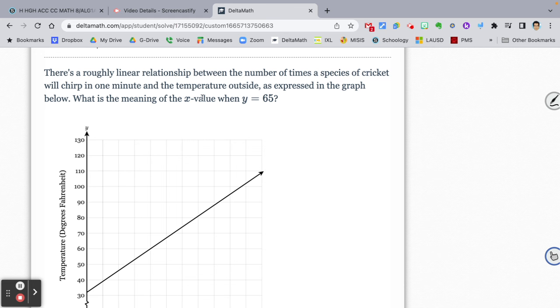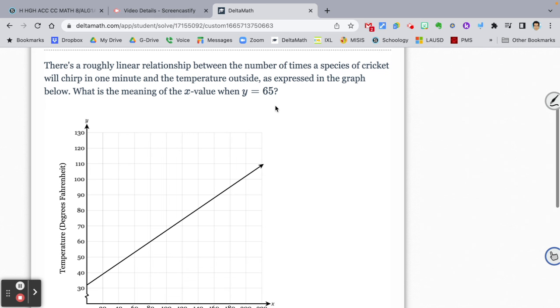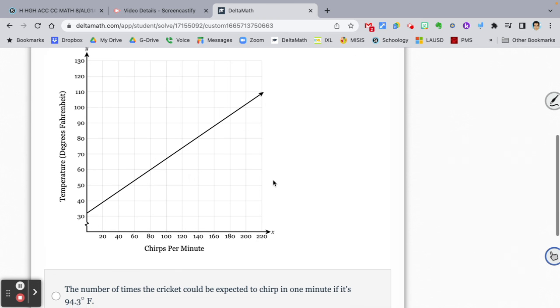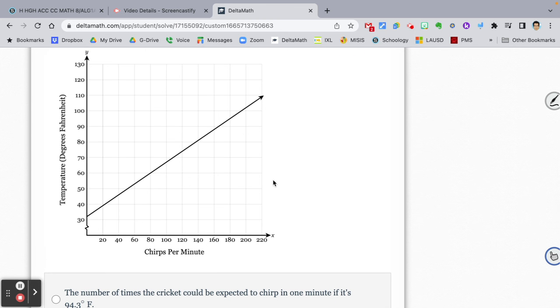What is the meaning of the x value when y equals 65? So this time we're starting by measuring the y-axis and seeing what it means here. Okay, and take a look. We're measuring temperature here, right? Again, but what are we measuring on the x-axis? Chirps per minute.